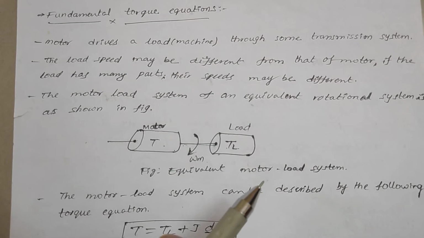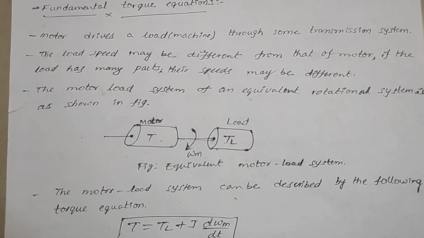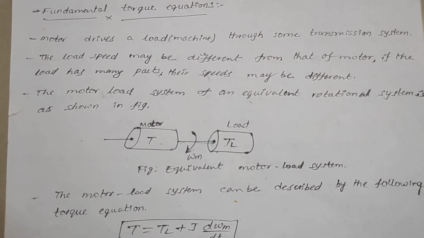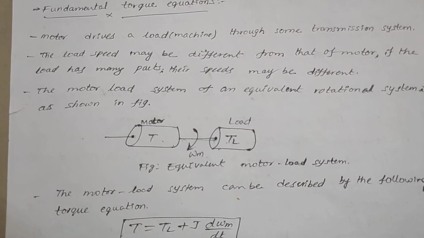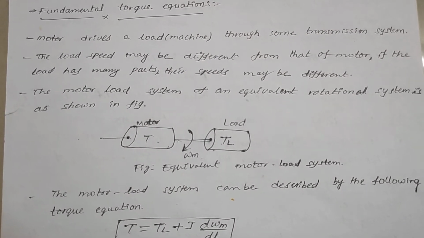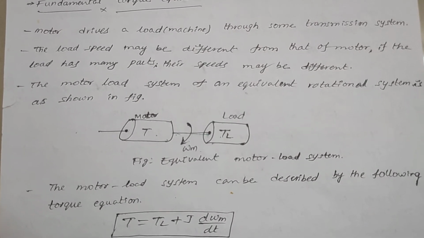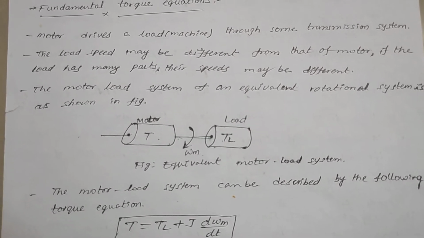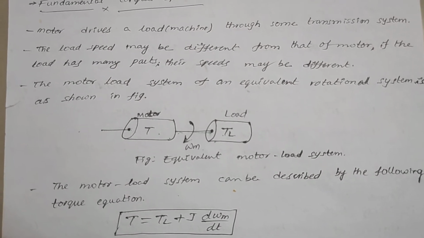So here the motor drives a load. This motor is driving a load or any machine parts through some transmission system. The transmission system is called here the shaft. The load speed may be different from that of the motor. That means load speed and motor speed may or may not be the same, because we have a transmission system in between motor and load.